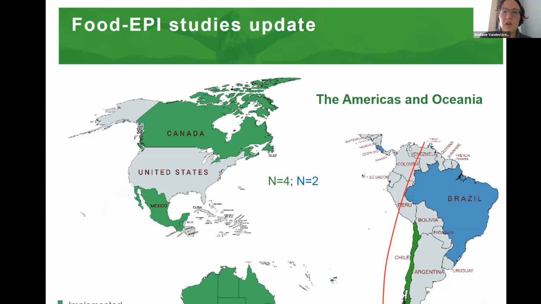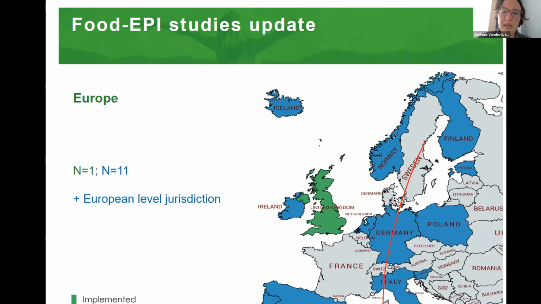Also Latin America, Canada, and then New Zealand, Australia, Fiji have implemented Food-EPI. And in Europe, a big exercise is underway as well. Europe is interesting, as I said before, because there we have an additional complexity where we have the European level jurisdiction as well, which has responsibility for quite a few of these policy areas.